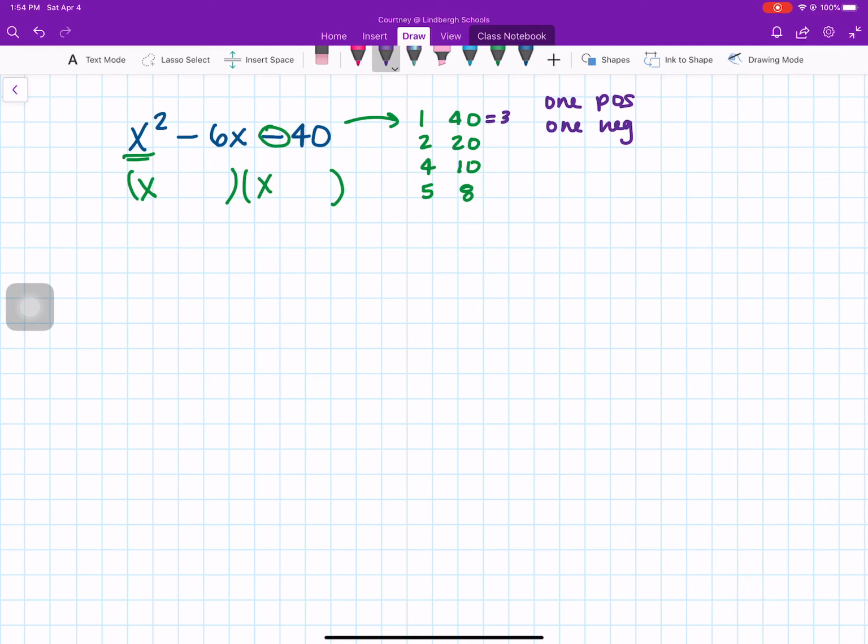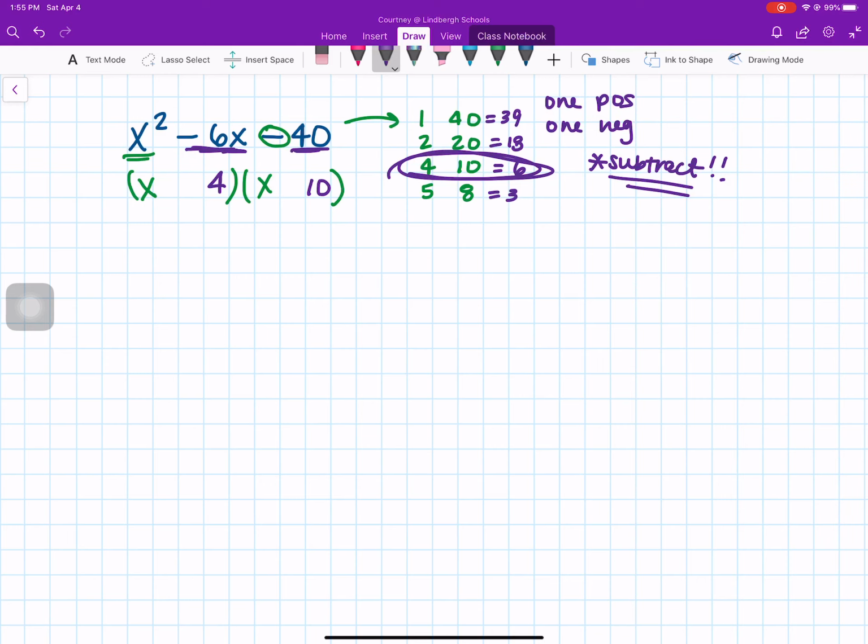So let's just do a little bit of subtraction. 40 minus 1 is 39, 20 minus 2 is 18, 10 minus 4 is 6, and 8 minus 5 is 3. So we're going for 6, numbers that multiply to 40 but give us 6. So this is the pair that's going to give us 6, the 4 and the 10.